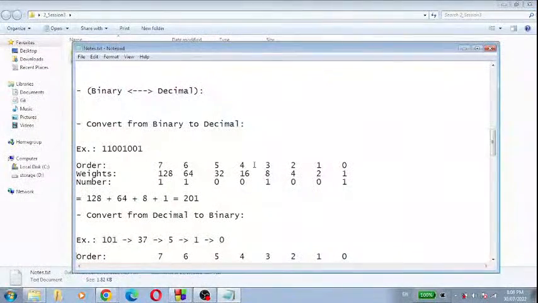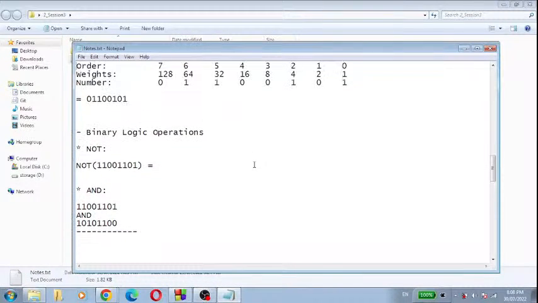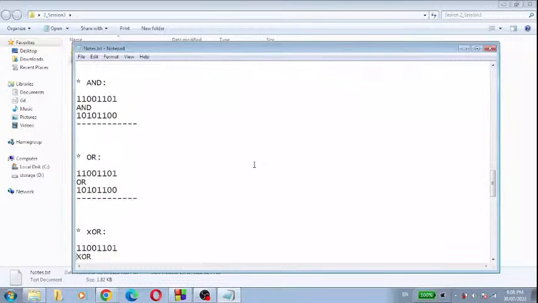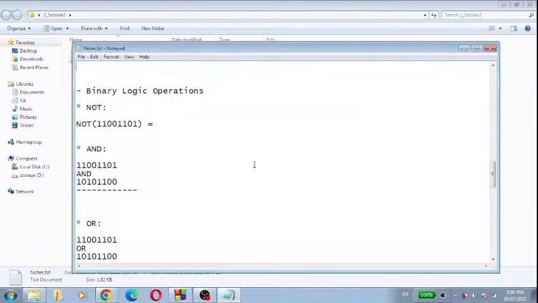Okay, let's get back to our topic here. Now we are going to talk about a new thing actually. We would like to make a revision. We are going to review some binary logic operations, some famous or common binary logic operations.